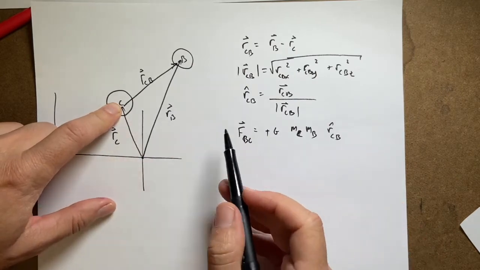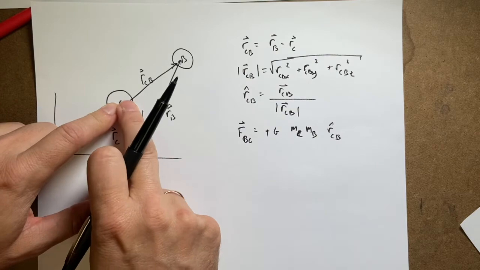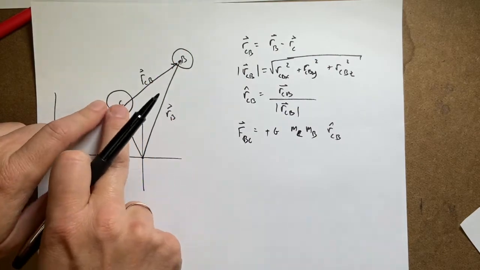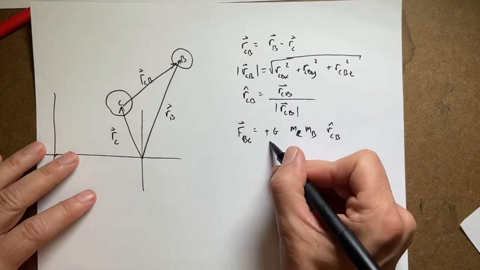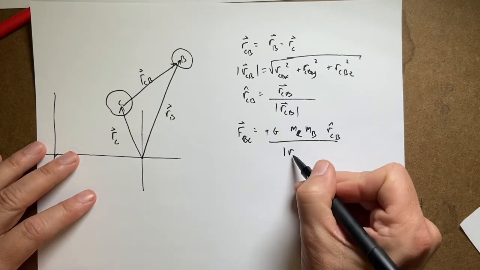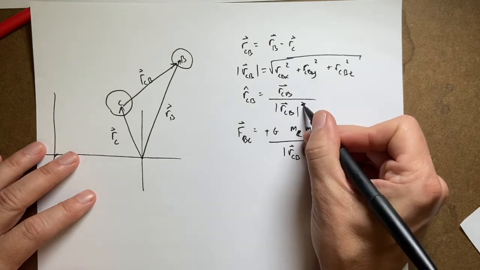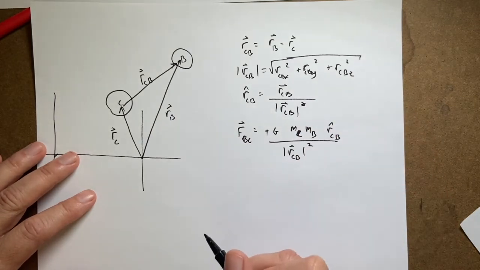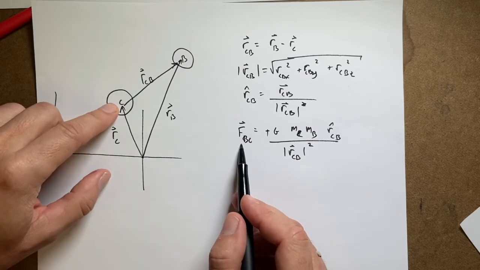This is where you're going to make a mistake. When I say you, I mean me. The force on this one is pulling towards that way. So yeah, I did have that backwards. That's fine. And then divided by the magnitude of RCB squared. No, that's not squared. This is squared. Okay. So that's it. That's the force on B due to C.